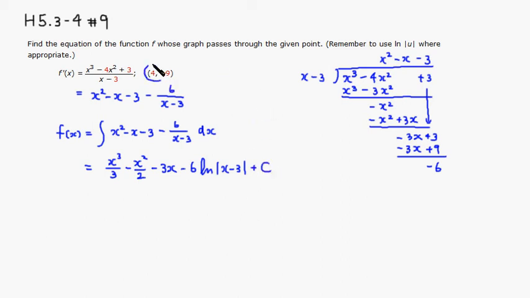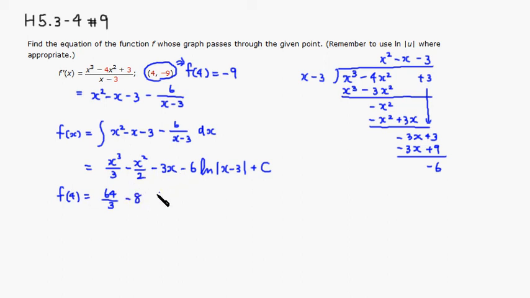So the initial condition says that if you plug x equals 4 into the original function, it gives you negative 9. So let's plug in x equals 4. We have 4 cubed is 64 over 3, and 4 squared over 2 is 8, so minus 8.